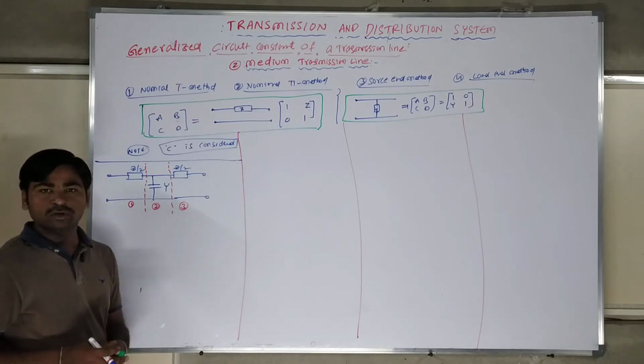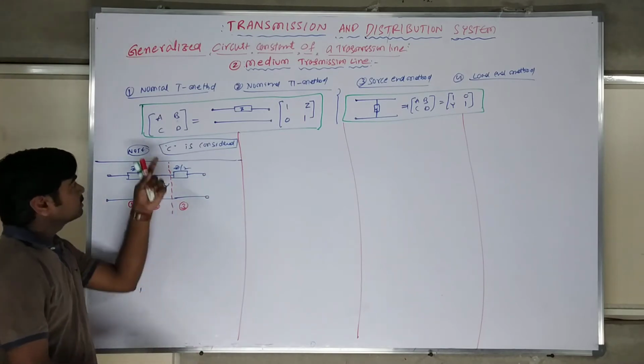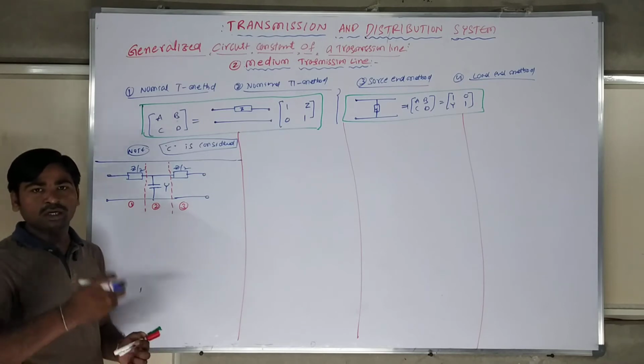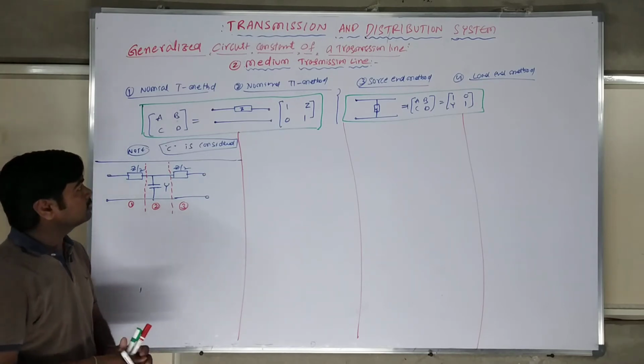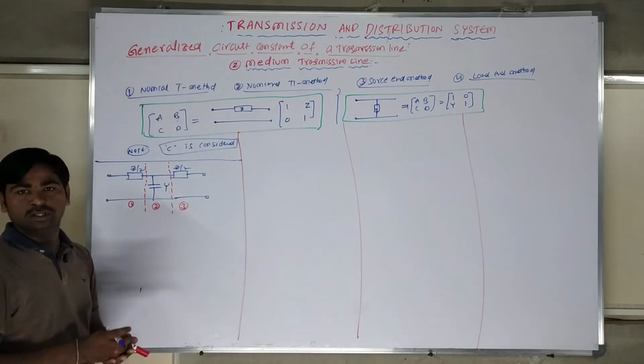Many textbooks give the two-port derivation for the nominal T method. Myself, I have given very logical steps to get the answers easily. If you remember these two logics, we can get the answers very easily.